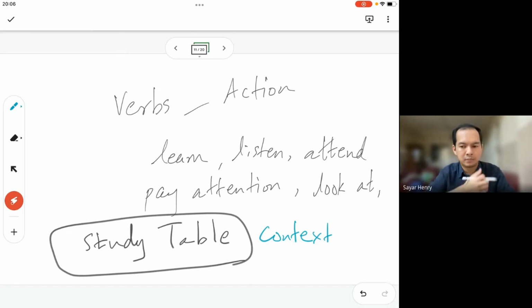Now keep going. So don't write one verb per entry. Try to use the commas, research, comma, comma, comma, comma, and then hit send, okay?